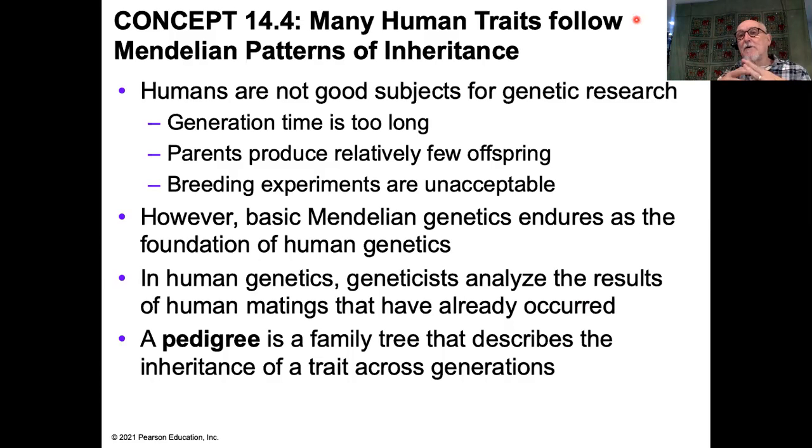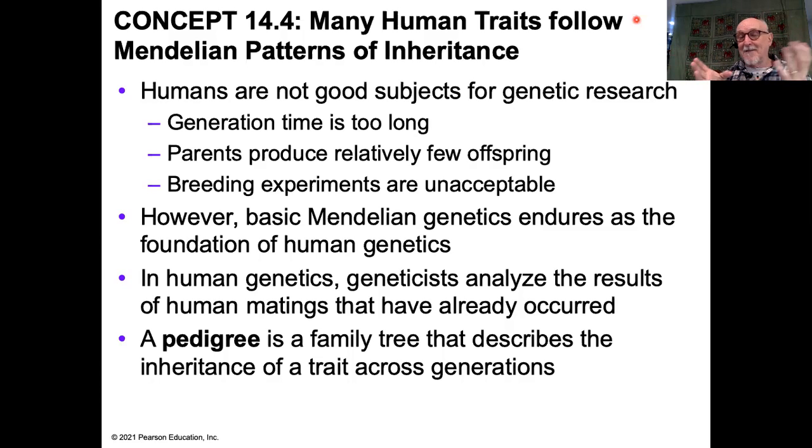Second of all, our generation time is very, very long. So if you want to trace genetic traits through generations, you've got to wait an awfully long time. The genetic scientist, if his generation time is as long as his subjects', is going to be dead before the great-grandchildren he was interested in make their appearance.